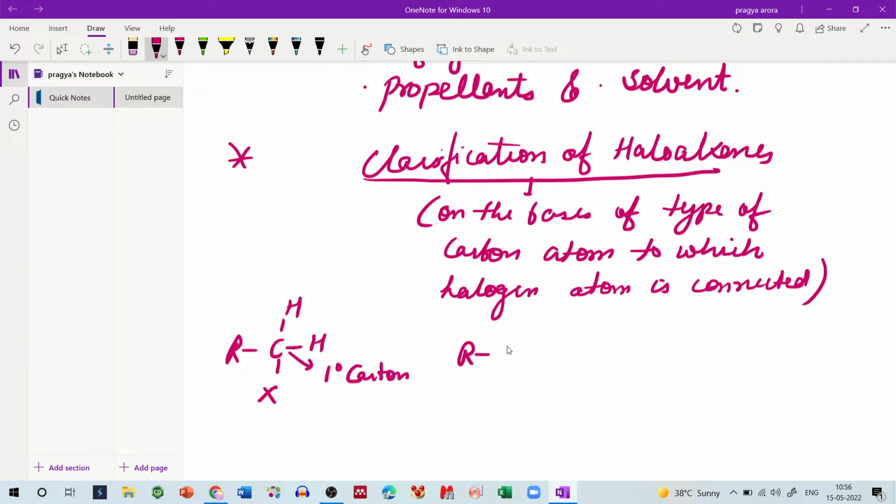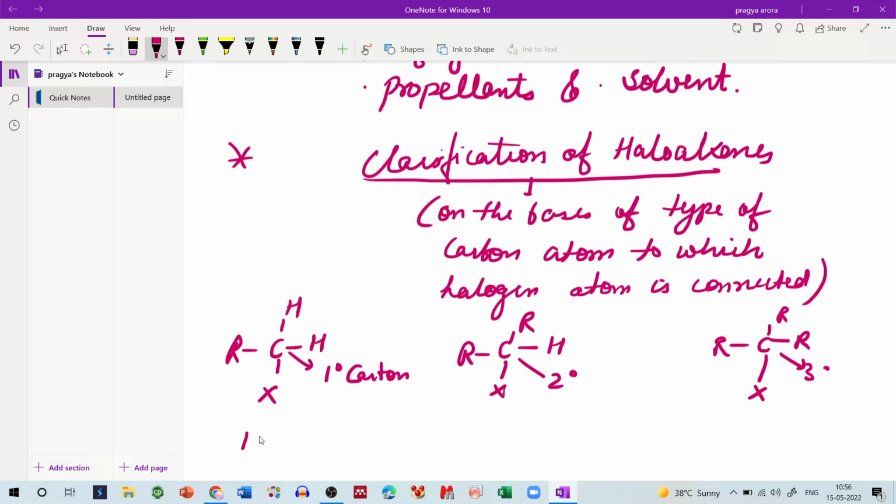If we have a secondary carbon like two R groups and one H, and to this the halogen is connected, this one is a secondary carbon. And if we have a tertiary carbon like three R groups, and to that tertiary carbon the halogen is attached, so these are the classifications on the basis of the type of carbon atom to which the halogen atom is connected.